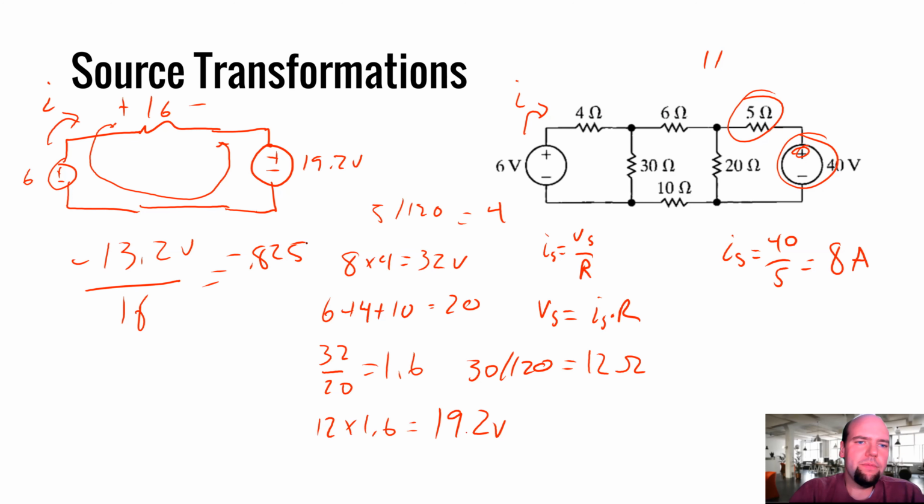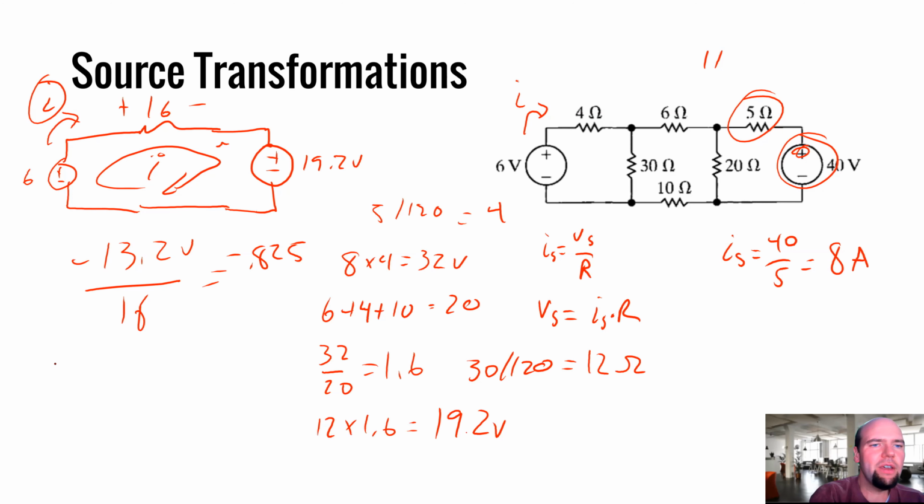So we could do that, or maybe we're just not comfortable. We got one supply this way, and I'm worried about getting the number backwards or getting a sign wrong, so we just say, all right, let's just finish it off with a mesh current. We got this current I, and luckily I is I. So then we just go negative 6 plus I times 16 plus 19.2 equals 0.